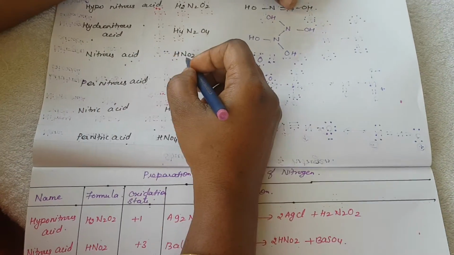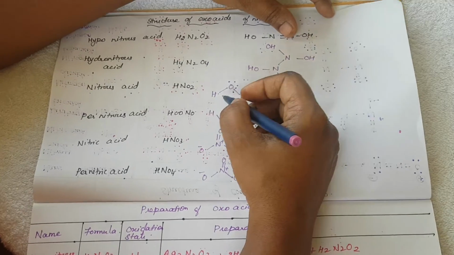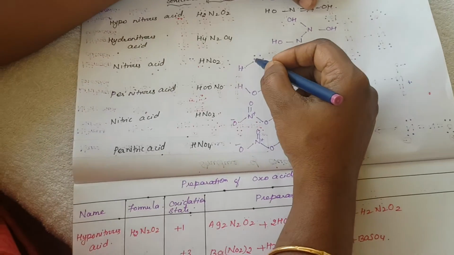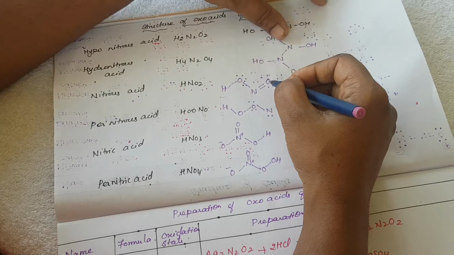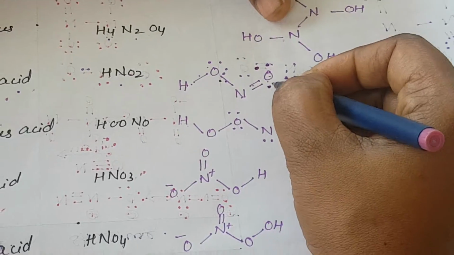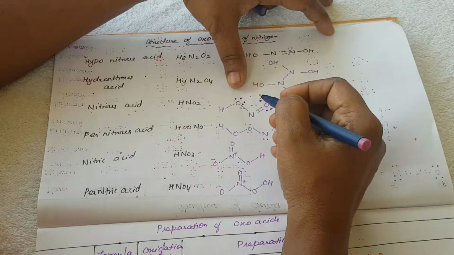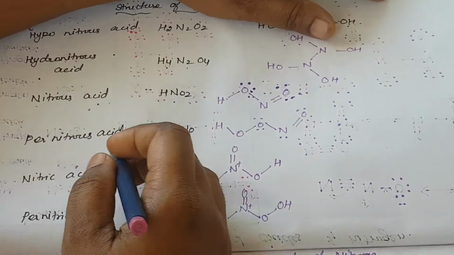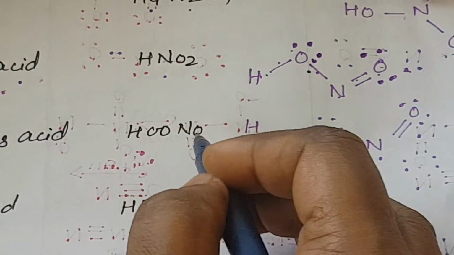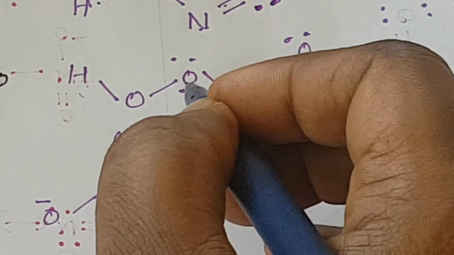Then nitrous acid, HNO2. We already studied this last year. HNO2. Here double bond means 4 dots. Here also double bond means 4 dots. Another one, pernitrous acid, HOONO. That is HNOO, with 3 oxygens, 1, 2, 3 oxygens.